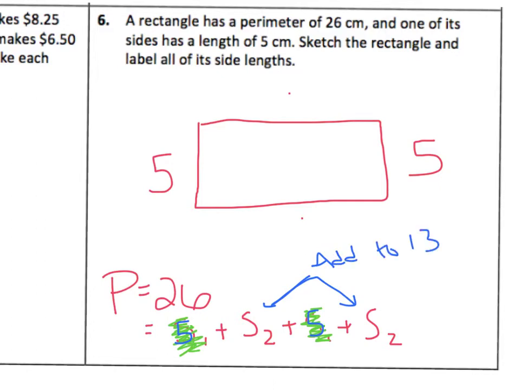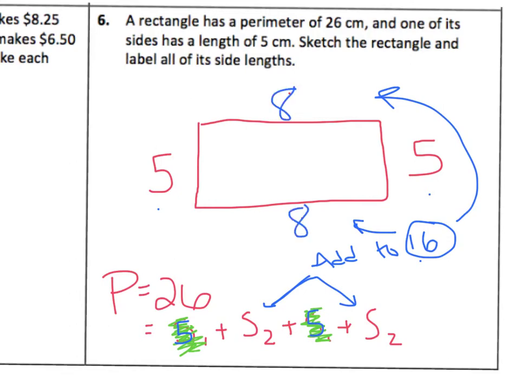What am I doing? Whoops. Because, of course, 10, 5 and 5, plus 16 would be 26. But I also know in a rectangle it has to split evenly. So if I take this 16 and I split it evenly on top and bottom, the top and bottom have got to be 8. So 5, 8, 5, 8, that's going to be all the side lengths.